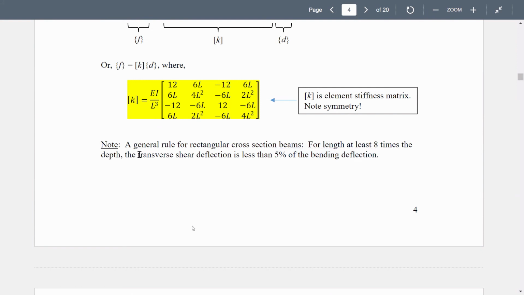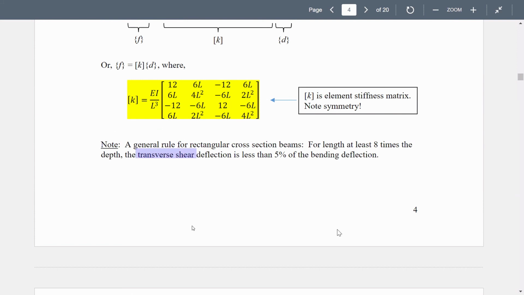It's not significant, for example, if it is 5%. If it was 10 times the depth, the effect was even 3%. So the longer the beam is, the less the deflection due to transverse shear, so we can neglect it.